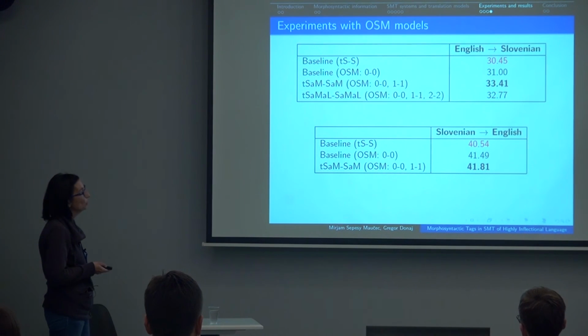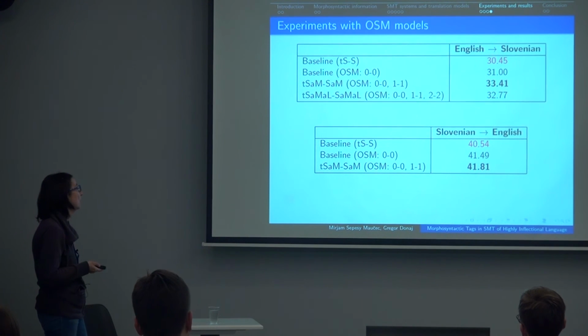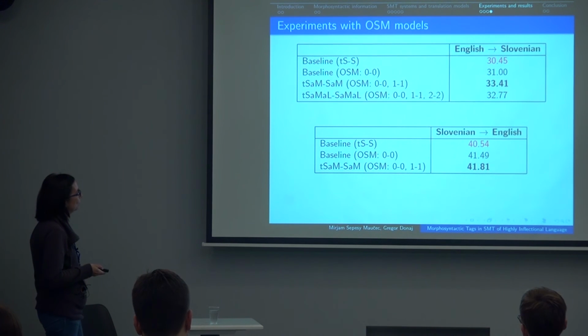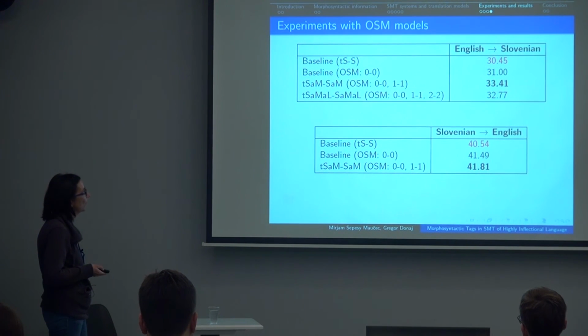And in this case, we obtained the best result overall. And we can see that adding the OSM model to the factor translation where the additional factor lemma was used did not improve the final result. In the second table, there are results for Slovenian to English translation, and again we can see that OSM models improve the result in all cases.